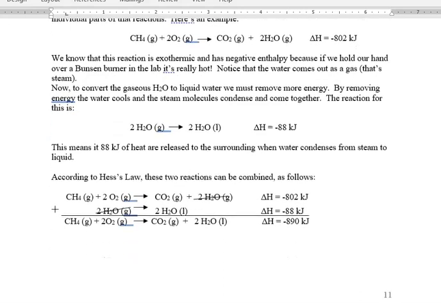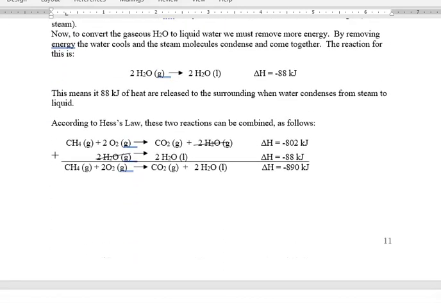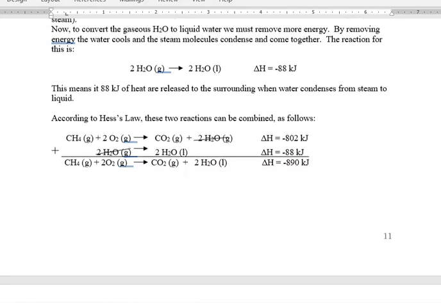So there you have the methane reaction, methane and O2 giving CO2 and H2O, turning the water into steam, and then if you want to turn it into liquid, you've got to take out another 88 kilojoules, so that ends up being 890 kilojoules that come out to turn the water into a liquid.